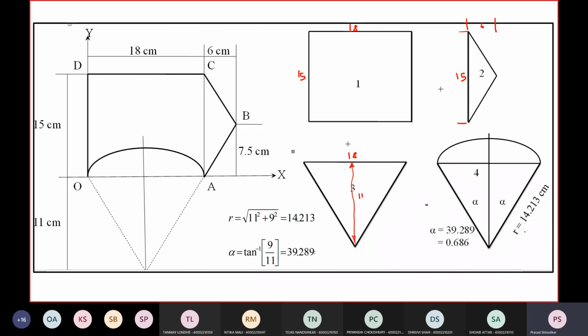And this is a sector of radius, and this radius is obtained by square root of 11 square plus 9 square, and that is equal to 14.213. And this angle alpha is given as tan inverse of 9 by 11. So we have got the dimensions of all the areas. Now let's do the calculations for each of these areas one by one.